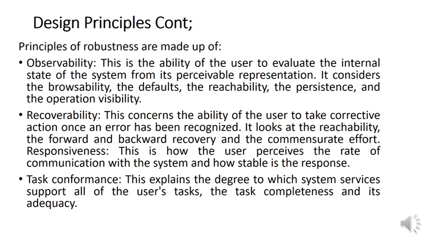Meaning the user will be able to do what? Concern itself when there is a corrective action that needs to be taken during an error. When an error is recognized, it looks at the reachability, both the backward and forward recovery, and the commensurate effort. It will take action to do what? To complement the recoverability of that system.